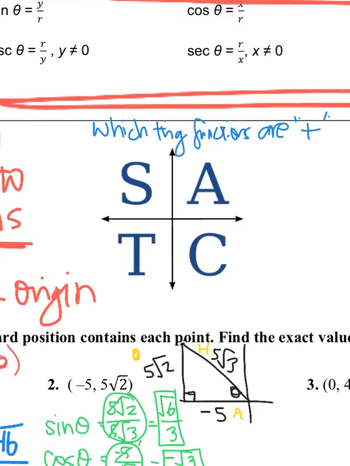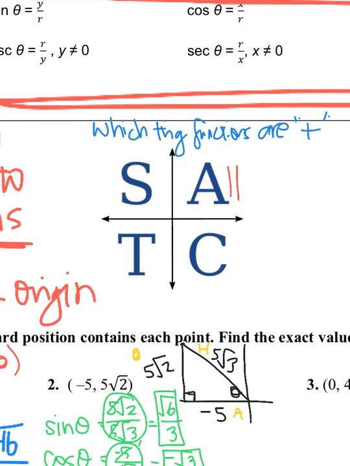And we're talking just about sine, cosine, and tangent. We're not including cosecant, secant, and cotangent since they're the reciprocals of the original three. So those will just match the sign of their reciprocal. So the A in quadrant 1 stands for all.